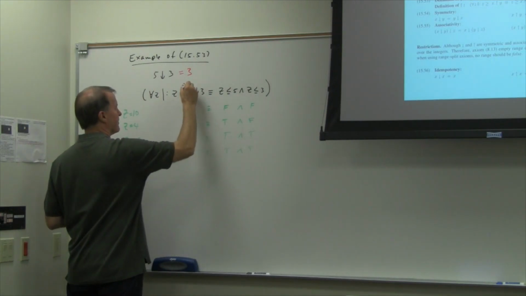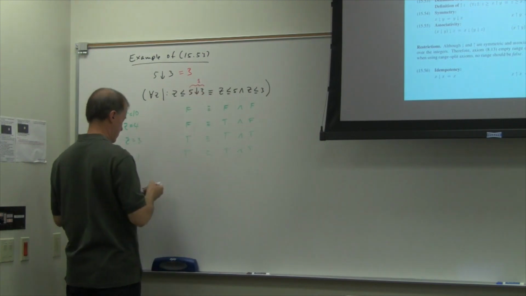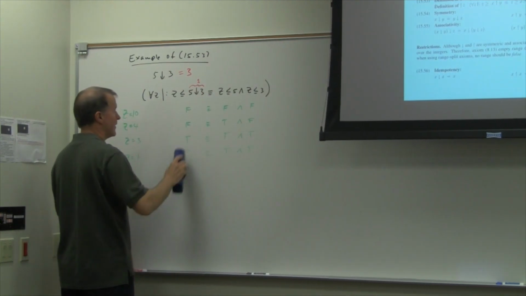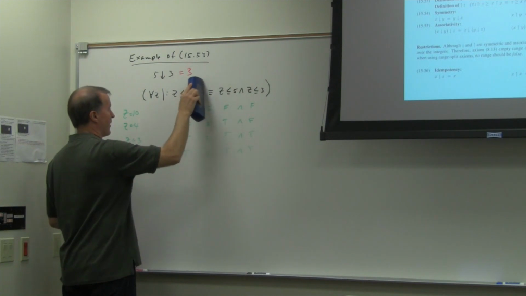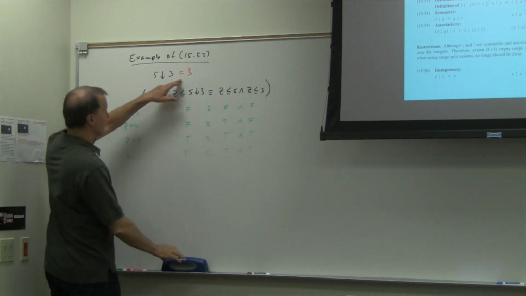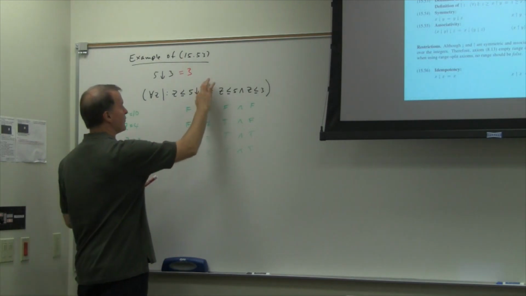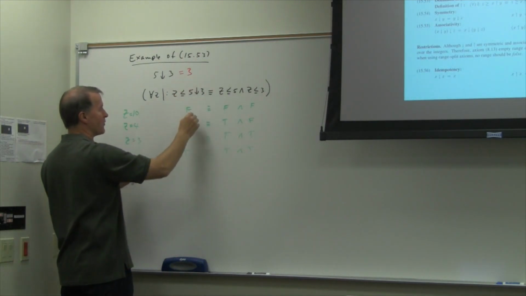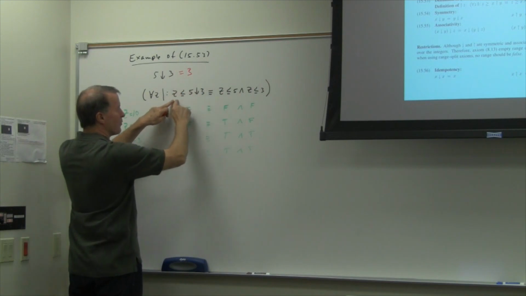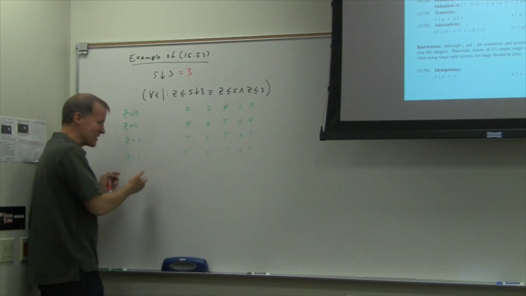If you are claiming that this is 1, no, I'm claiming that that's 3, but z is 1. For 3, it works for all of them. But what I'm saying is that 3 is the only number for which this works for all z.